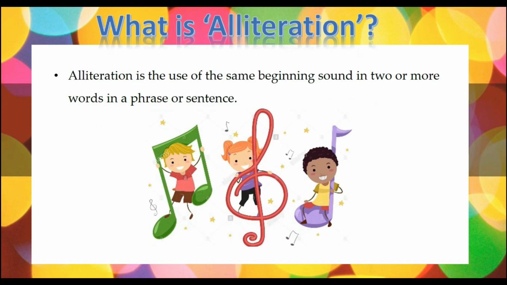Now, guys, in this definition, we need to understand that the repetition of sound is not at the end of the word, it's not in the middle of the word, but rather it's at the beginning. So this is the beginning sound in a word.